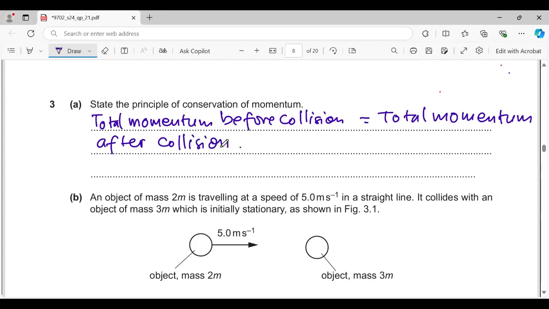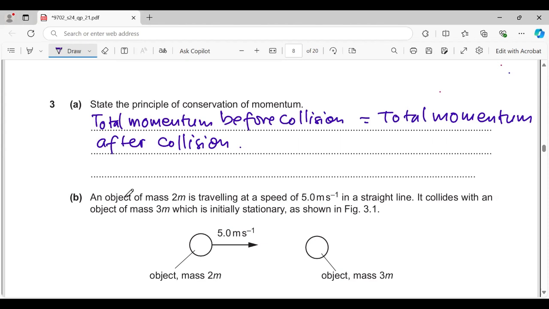Or we can say that the total momentum of a system is always constant. Why? Because before collision and after collision, the total momentum is the same, is equal. That's why we can say the total momentum of a system is always constant.